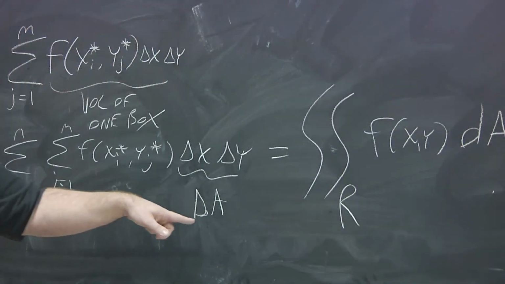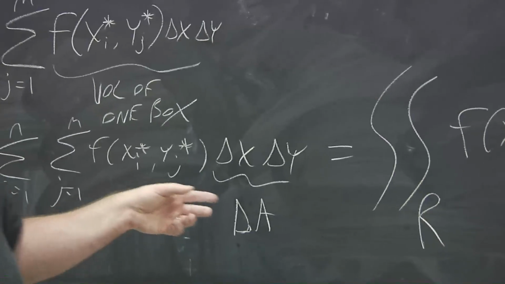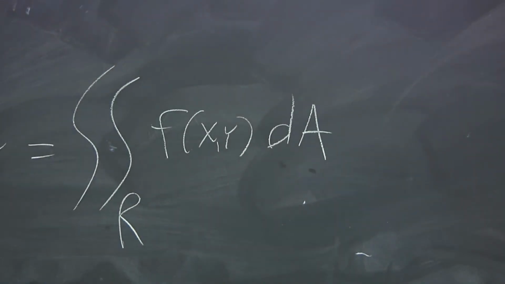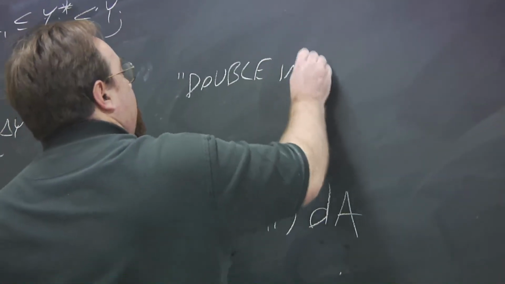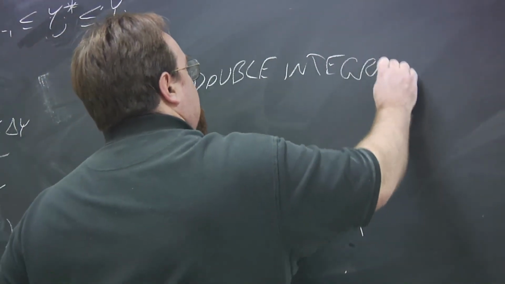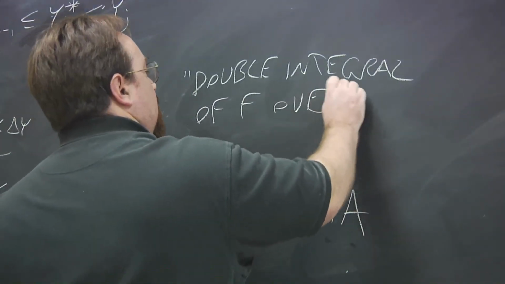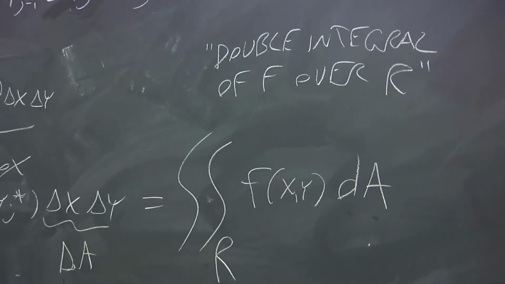So this delta A that we have here in the approximate volume, once we take the limit, it becomes a capital dA, just as delta x goes to dx in the single variable integral. So this is the double integral of f over R, the rectangle. Okay.